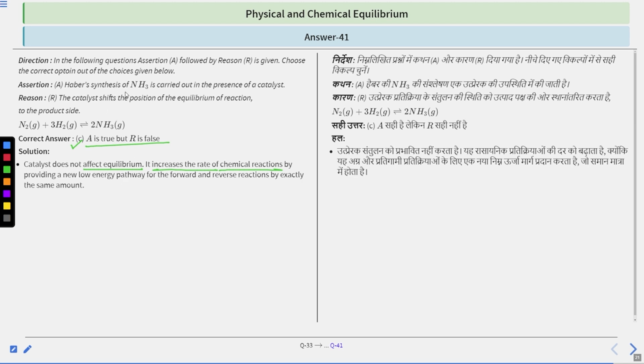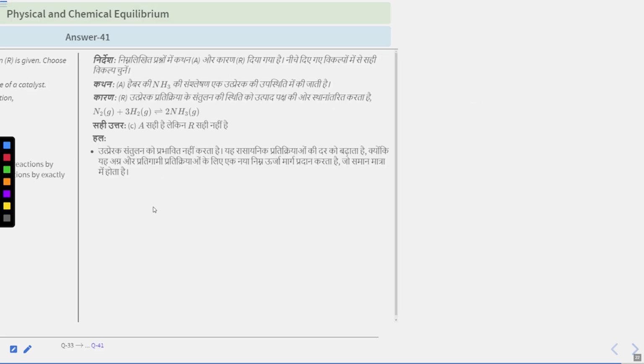So Haber synthesis of NH3 is carried out in the presence of a catalyst. This is true. The catalyst shifts the position of equilibrium for the reaction to the product side. This is wrong. And hence, our correct option is option C, which states A is true, but R is false. Okay, thank you.